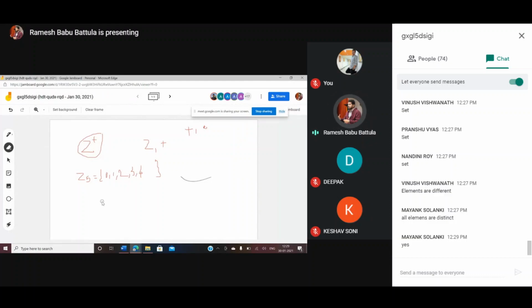Suppose, how am I going to represent all the values? Suppose you choose any positive integer, suppose 14. How will we represent this? This is congruent to 4 mod 5.